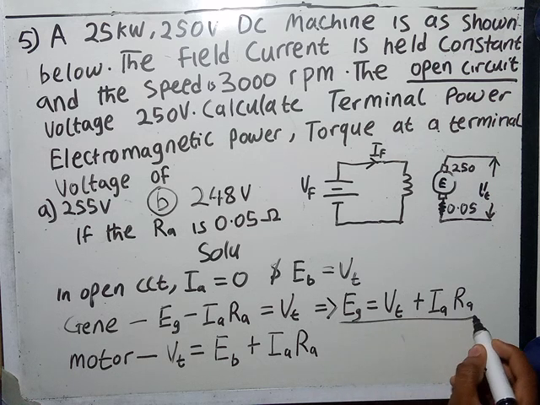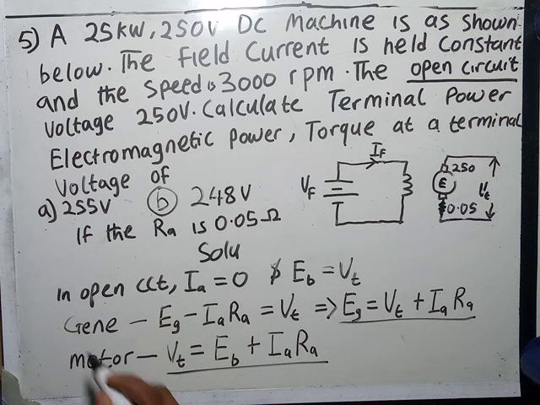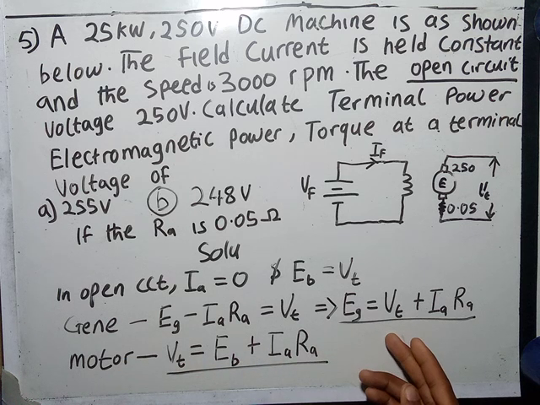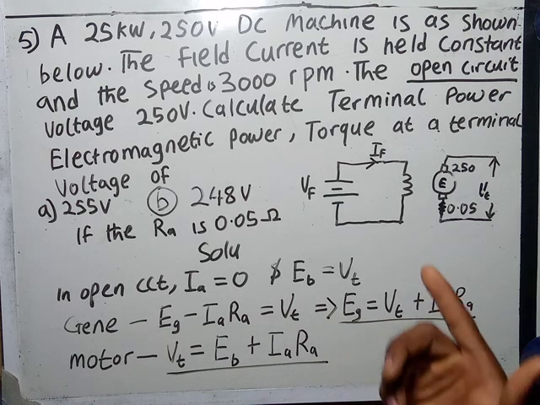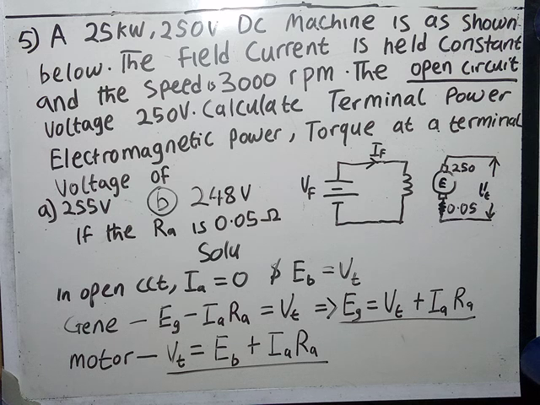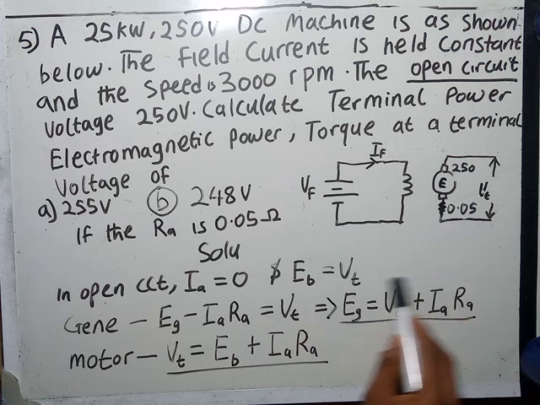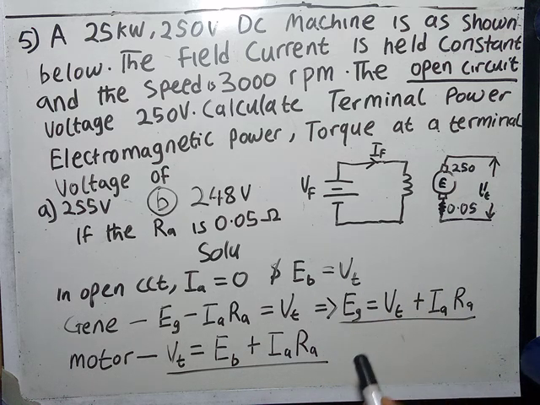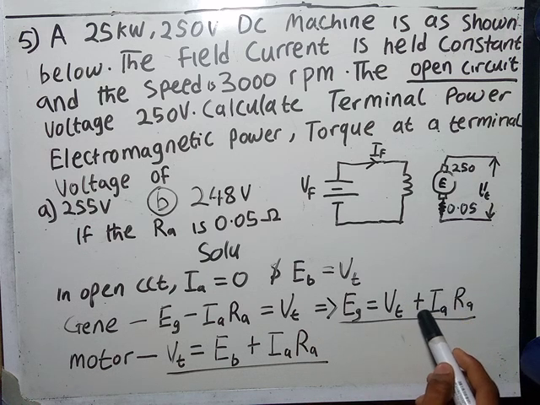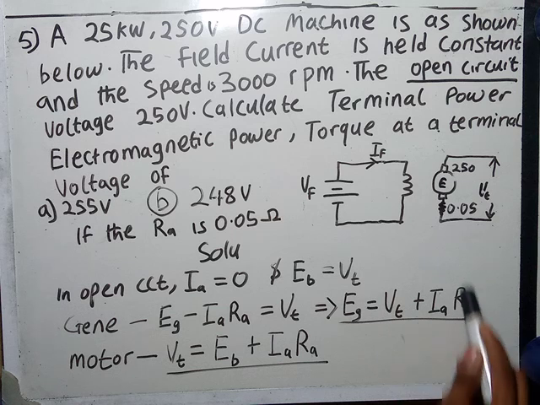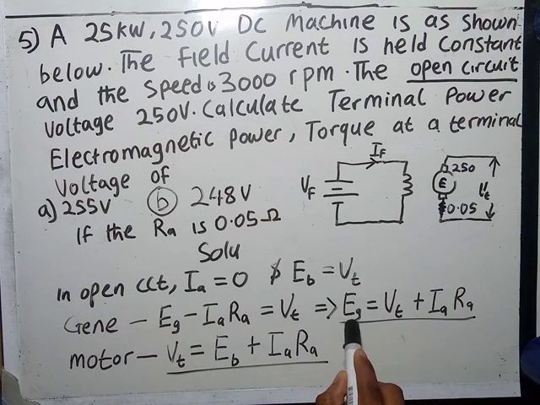So we have this formula and this formula for generator and for motor. Looking at this equation, logically we can say that Eg will be greater than Vt in this case, because whatever Vt is, you have to still add the voltage drop due to the armature resistance to get what Eg is.